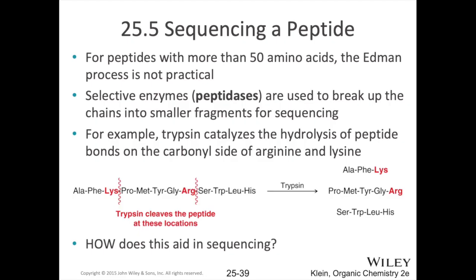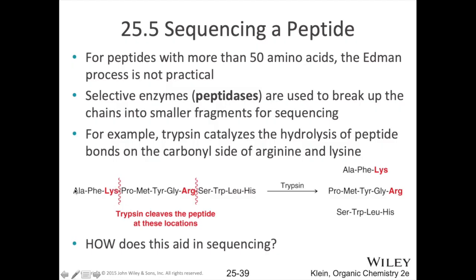So we use what are called peptidases. These are enzymes that break down our peptide chain in specific spots. All right. So, for example, trypsin is a peptidase which will hydrolyze your peptide bond, your amide bond, specifically on the carbonyl side of lysine or arginine.